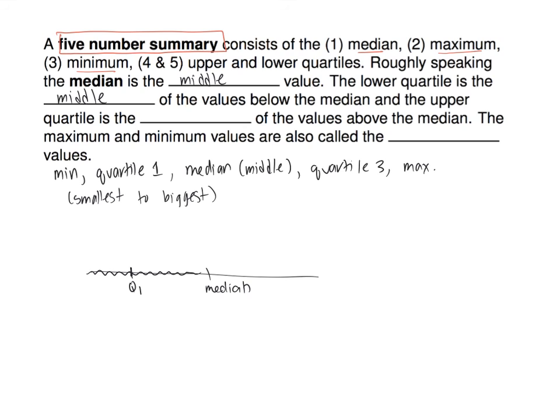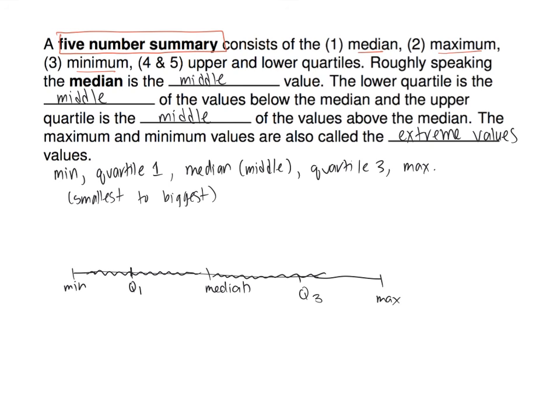And the upper quartile is the same thing except for above the median. So it's the middle of the values above the median. And another word for the maximum and minimum values, those are also called the extreme values. So we have median, Q3 is quartile 3, max up on top, min on the bottom.